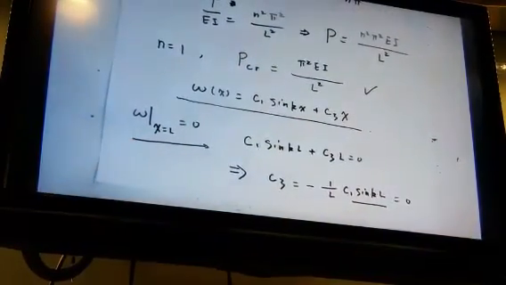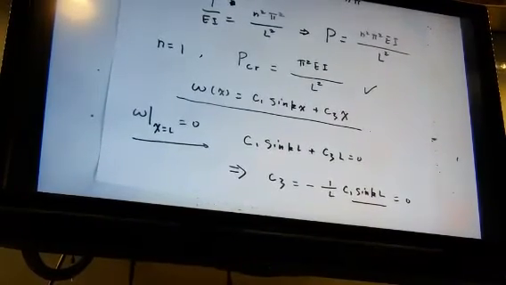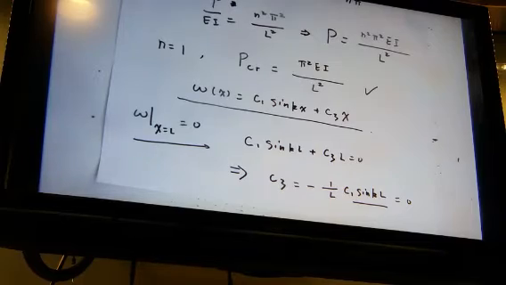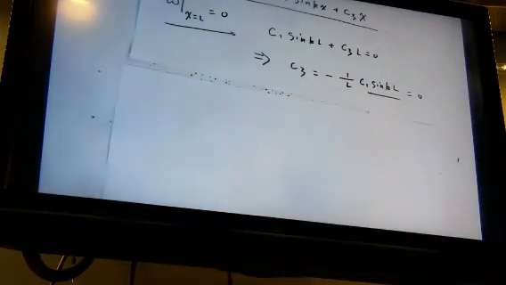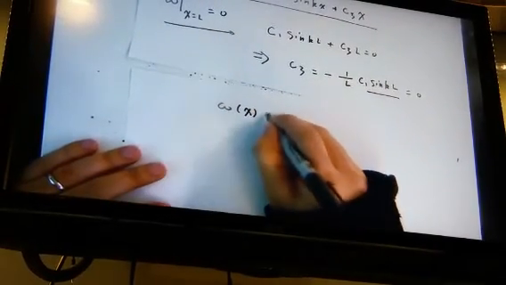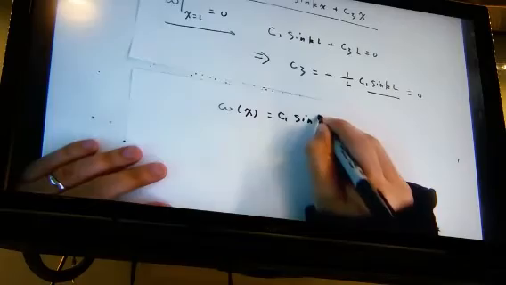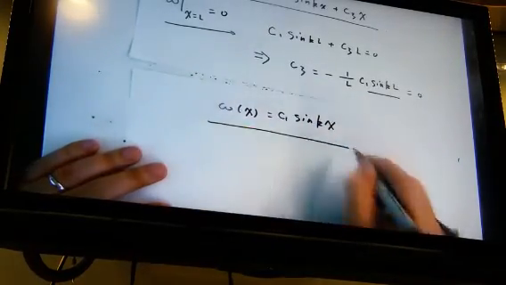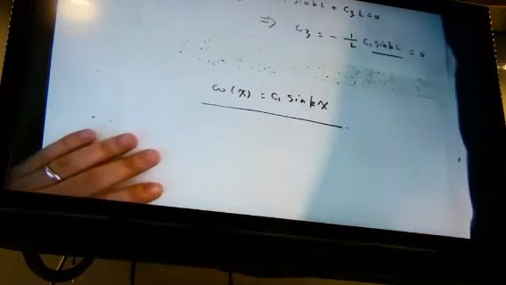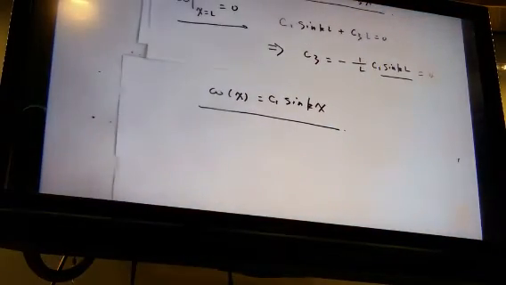That means C3 is 0. Right? We go back to check. With the boundary condition we can further reduce the unknowns. We maintain only one unknown. C2 and C4 are 0, and from this derivation we found C3 is also 0. So the only unknown will be C1. Okay? So this is the function for the deformed shape.